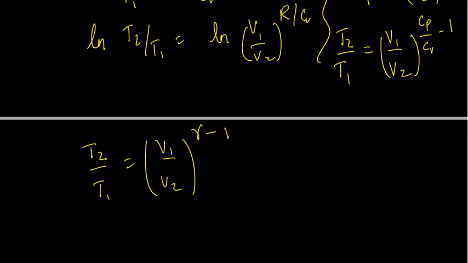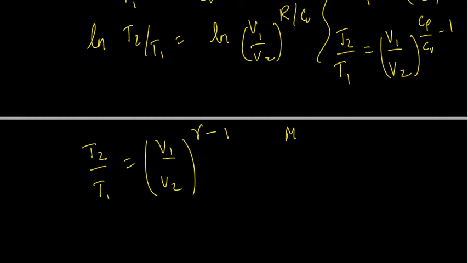We just use the equipartition principle. Everybody knows that: half kT for each degree of freedom. So there's half kT for XYZ translation, that gives us 3 by 2 kT. There's no rotational degree of freedom, so 3 by 2 kT, and Cp comes out to be plus R, that's 5 by 2 kT. So gamma is 5 by 3.